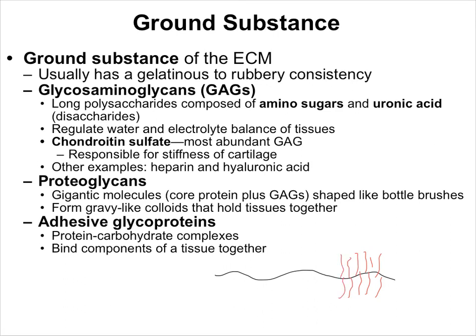These are basically what's going to form the gel-like substance. They organize all of these GAGs together, and then the GAGs hold onto water and hold onto ions and other things.